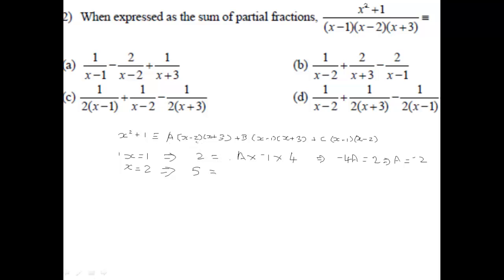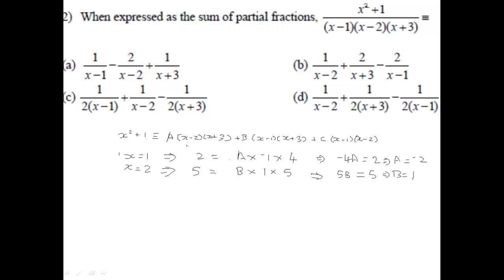We'll lose this term because we get a 0 here, and we'll lose the C term, so we just get the B term, which is B times 2 minus 1, which is 1, and 2 plus 3, 5. So we get 5B equals 5, which implies that B equals 1.